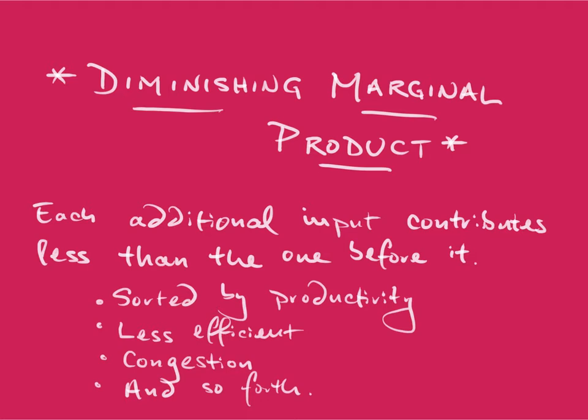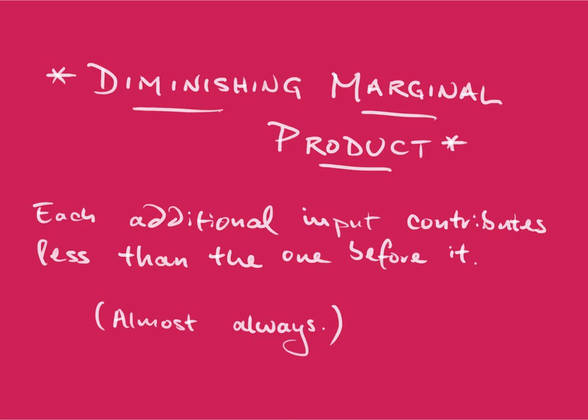The more salespeople that are added to the firm, the more congested they get. In other words, one person can easily find clients. A second person can pick up a few more clients. The third, a handful more. But there are fewer and fewer possible clients available, and each additional salesperson can find fewer and fewer.